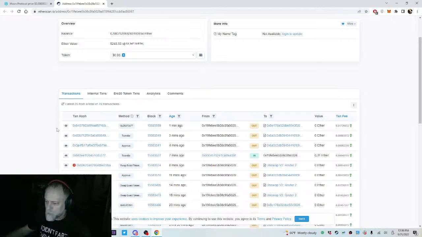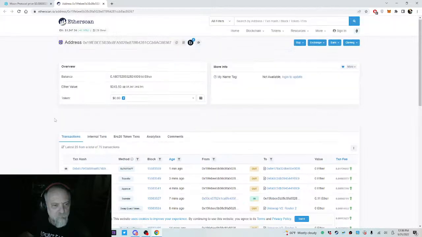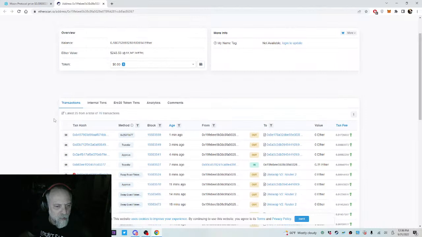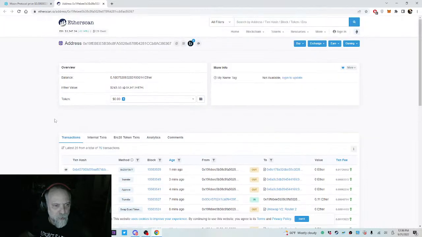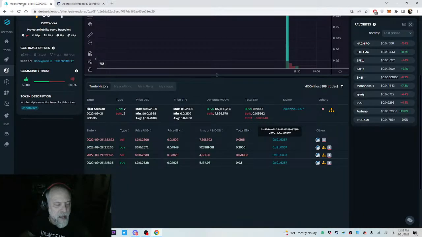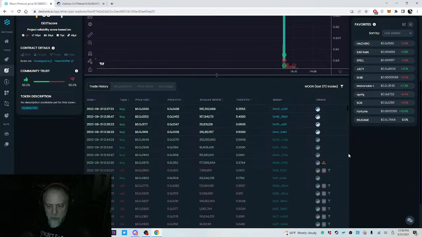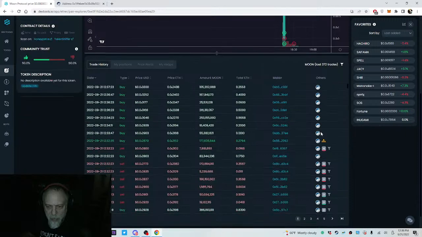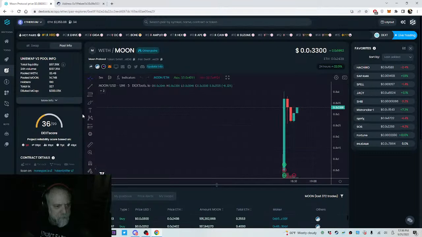So just off of that information, for the people that are watching, we know that the Moon name has rug pulled multiple times by what we've seen today. And now we have a bot that is working on multiple different Moon contracts and pumping them.